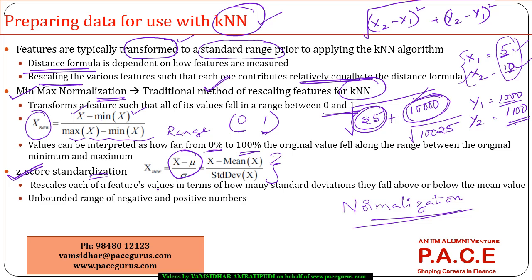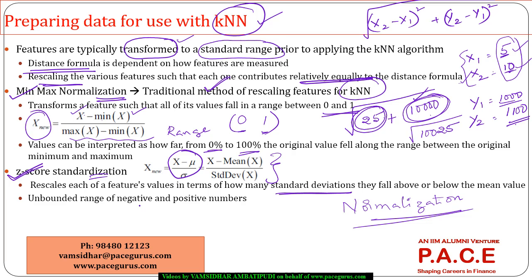So this is also a kind of rescaling, which is typically done in terms of the number of standard deviations above the mean or below the mean. For every particular data point, I would be seeing how many standard deviations it is above the mean or how many standard deviations it is below the mean. So that is the kind of z-score computation that we need to do.